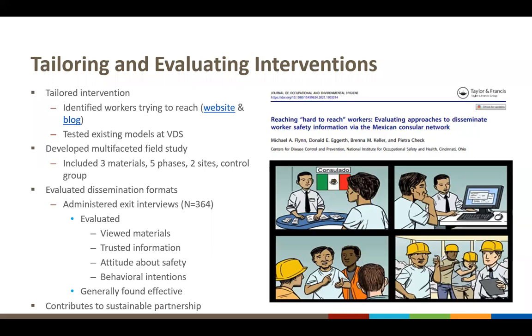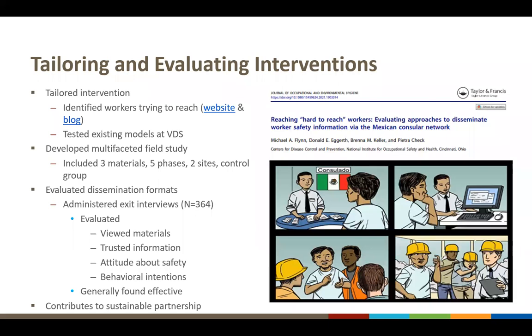And then we did a series of iterative processes that included cognitive testing, both in terms of the information we were giving them as well as the images we were using. And then you can see the whole process we went through to create the materials on the website and the links to the blog there.